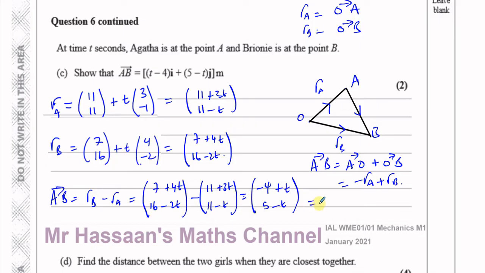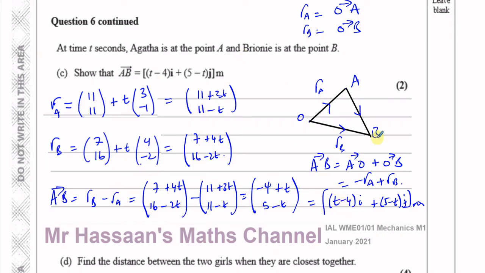And if I write that in terms of I and j, you can see it gives me exactly this. I'm going to have t minus 4 as the I component, and plus 5 minus t as my j component, and that is in meters. So there we have shown that the position vector from A to B is given by this vector here.